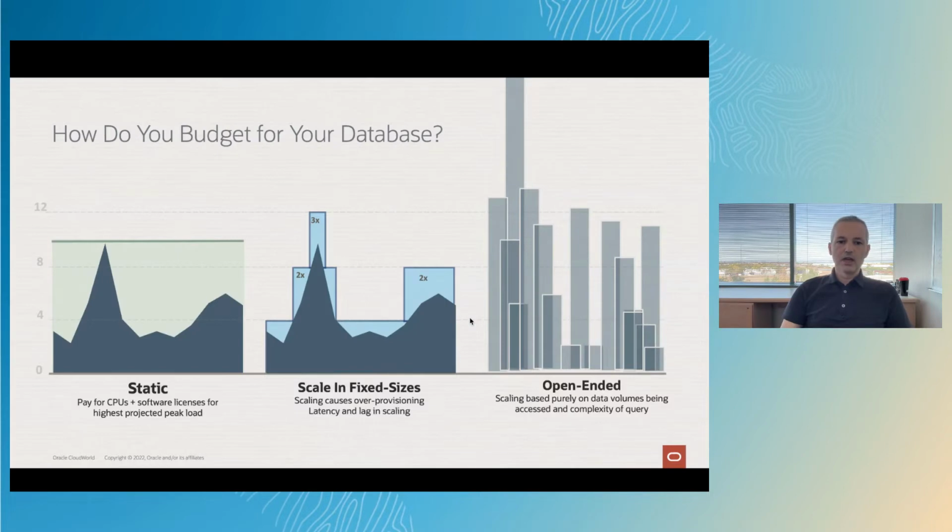So if you look at scalability of the autonomous database, if you look at how people provision resources for their databases today and how they budget for these databases, we can talk about a couple of common methods used in the industry. The first one is static configuration, which is obviously pretty common in on-prem environments.